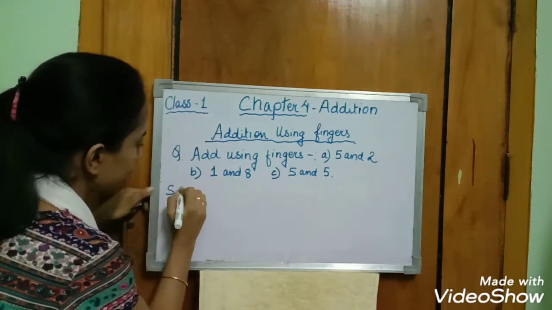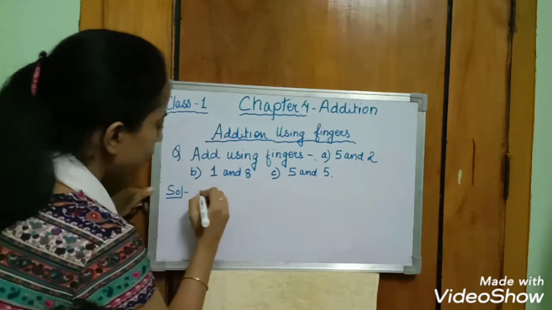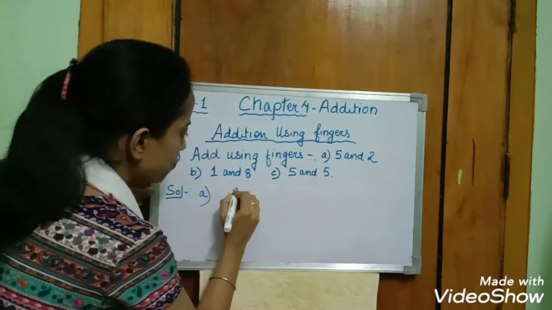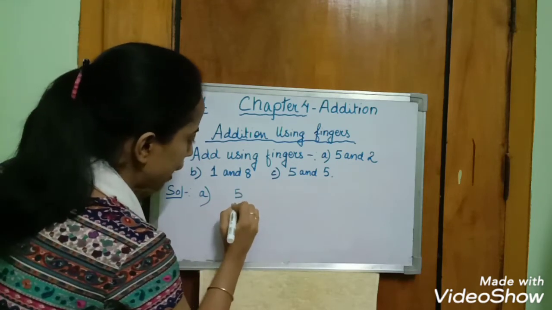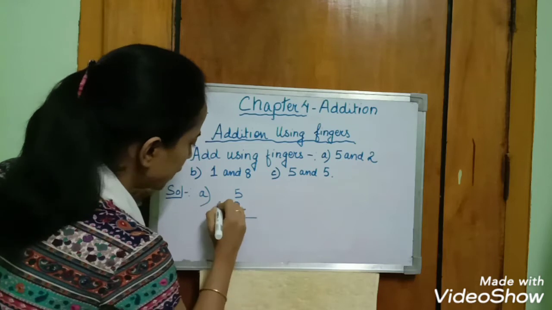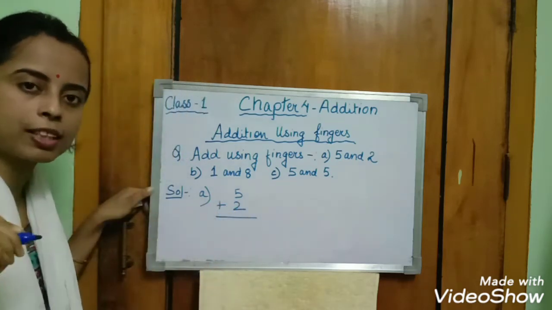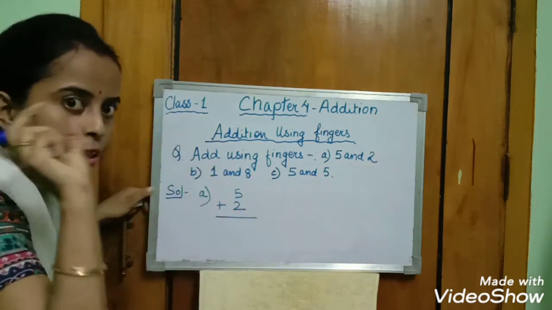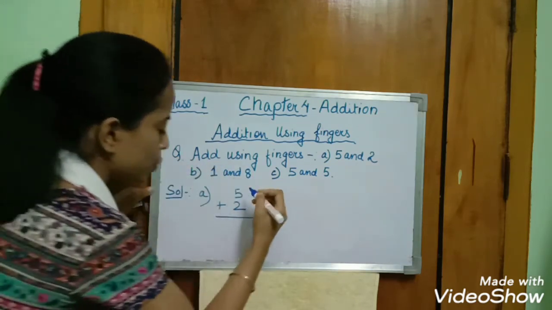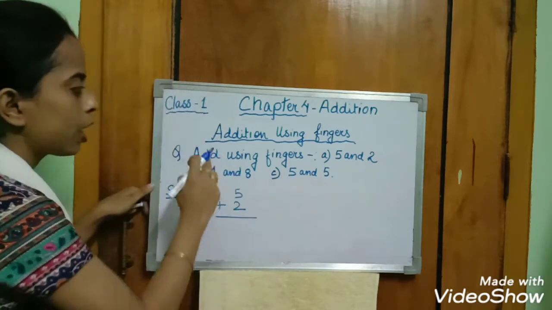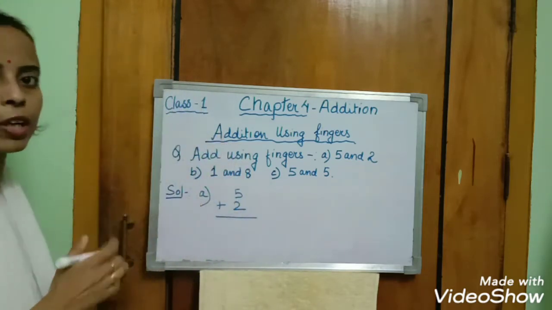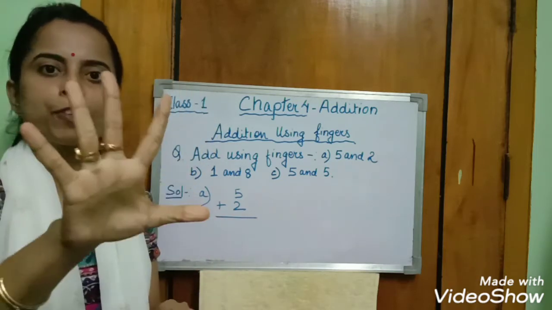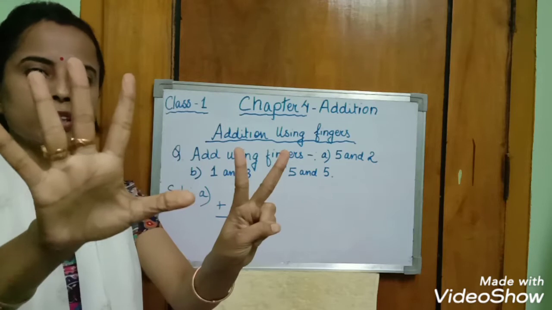Number A, solution. Add 5 and 2 to get what, children? The answer of addition is called sum. Add is also a word that is used in addition. So 5 plus 2. How will you add? By using fingers. 5 fingers plus 2 fingers.